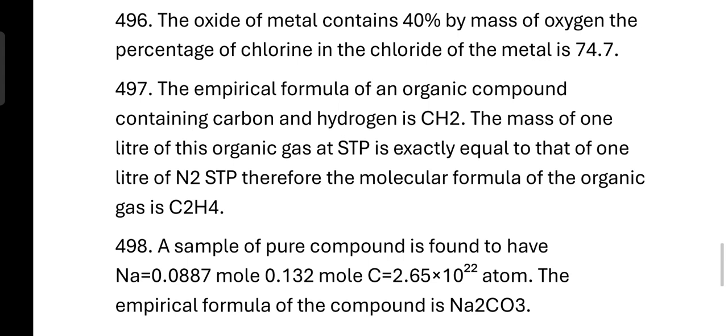The oxide of a metal contains 40% by mass of oxygen. The percentage of chlorine in the chloride of the metal is 74.7.